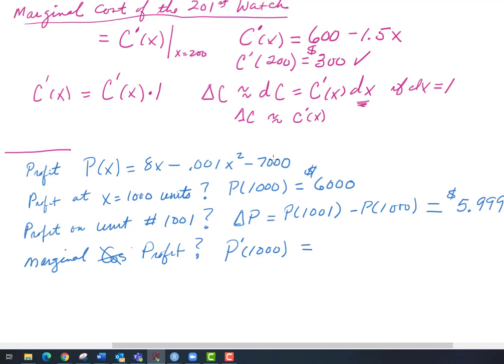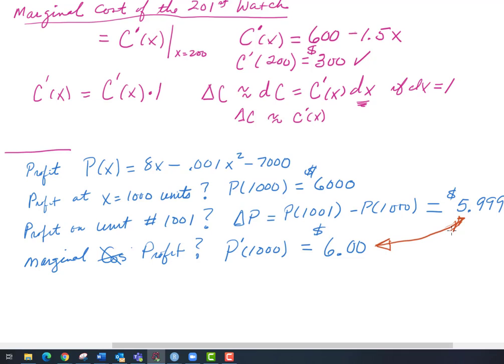You'll have to take the derivative here to get P prime, but I'm going to let you do that and see if you agree that the marginal profit at 1,000 is $6. So we'd want to compare these two values, and we see that in fact the marginal is pretty close to the delta P.